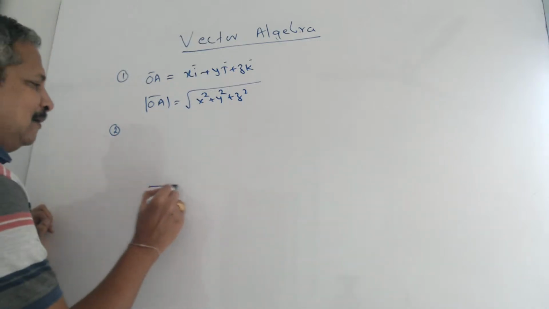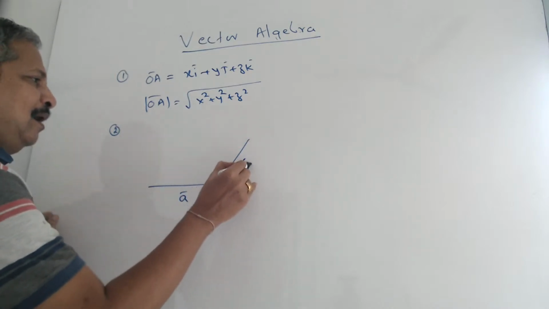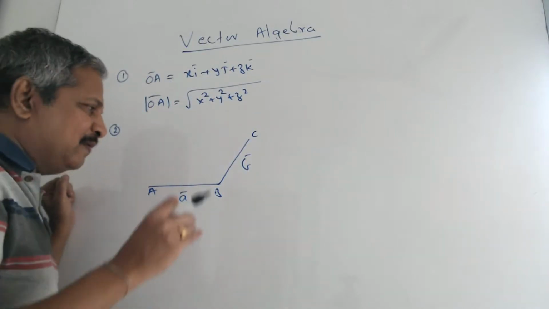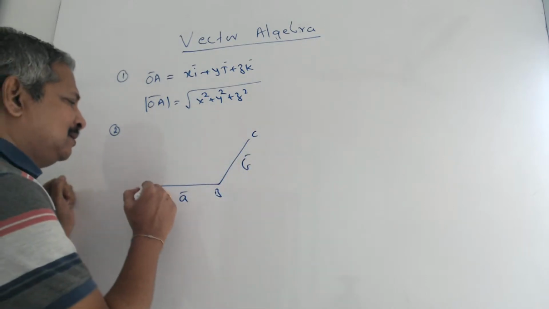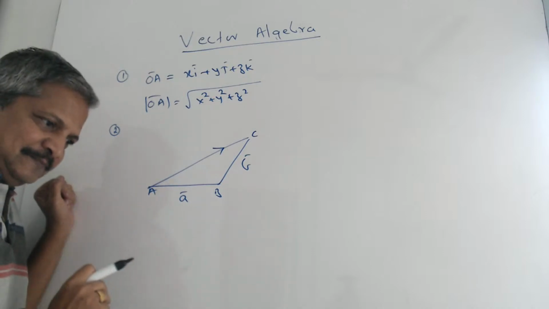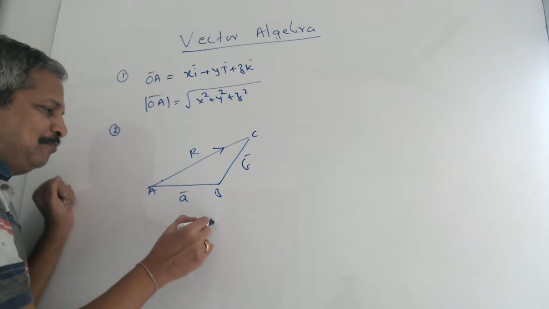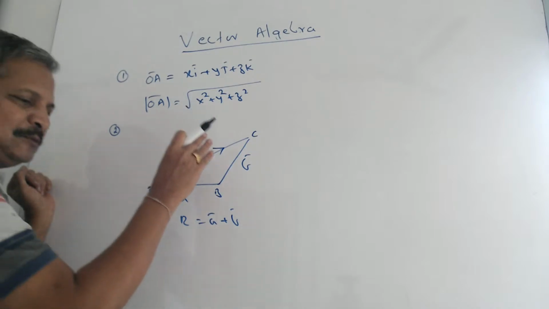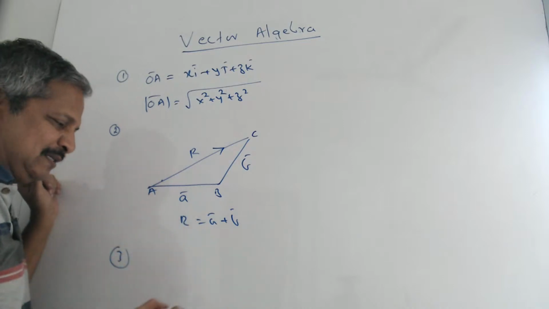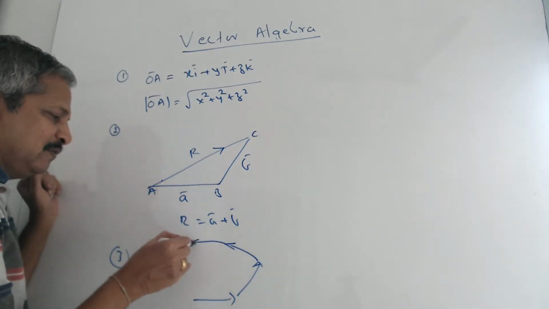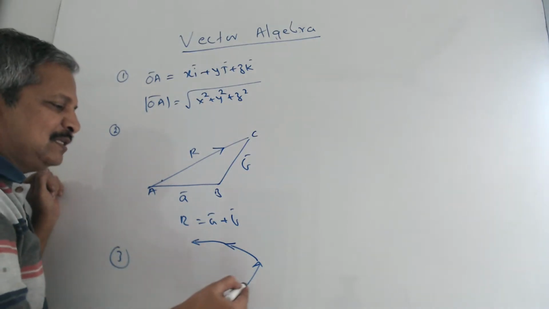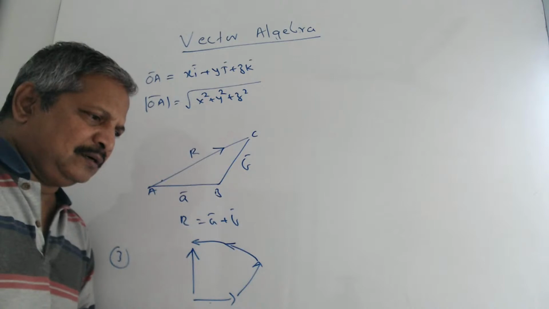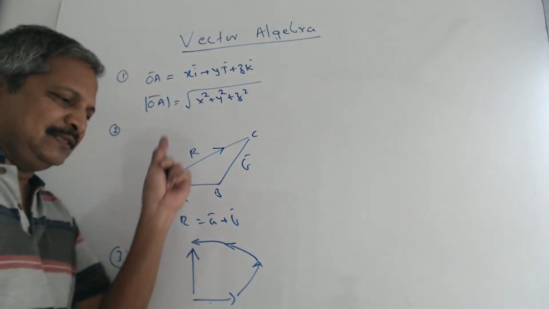Next point. If A bar and B bar are two vectors represented by two sides of a triangle, then the third side drawn in the opposite direction is the resultant, which is nothing but A plus B. Similarly, if many vectors, one, second, third, fourth, are represented by different sides of a polygon, the last or closing side drawn in the opposite direction is the resultant vector.